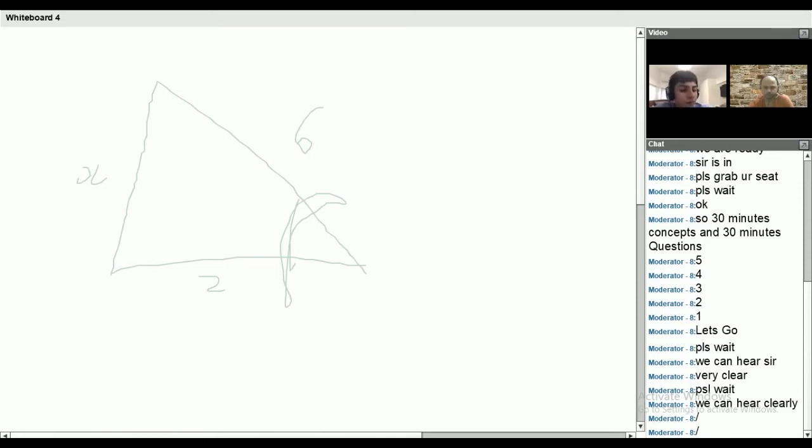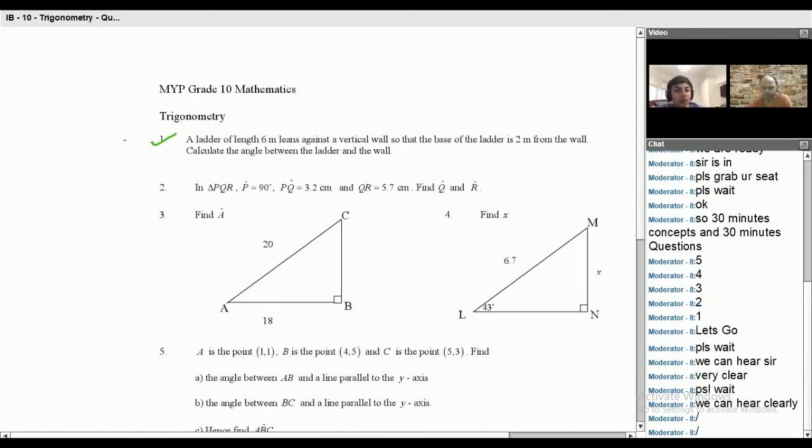It will be adjacent upon hypotenuse, so it will be cos theta. We need to find the angle, right?